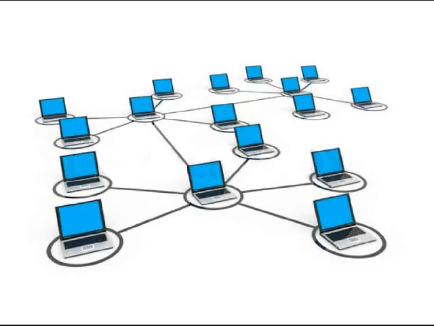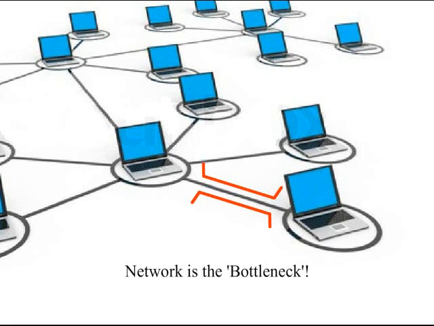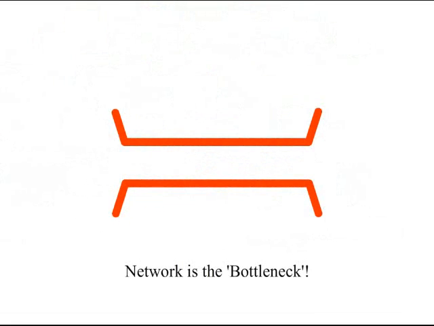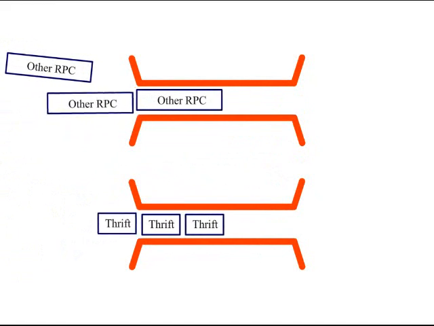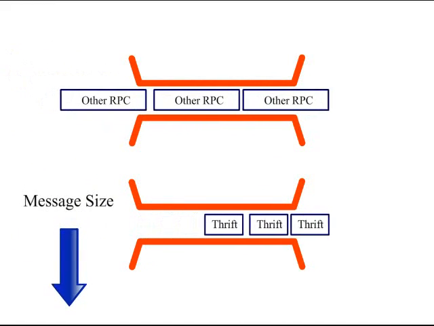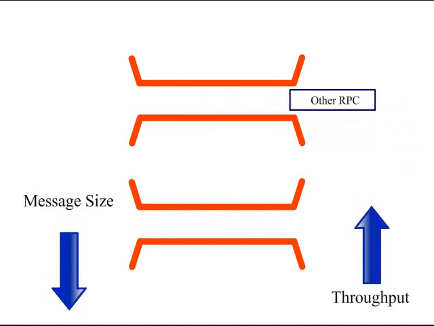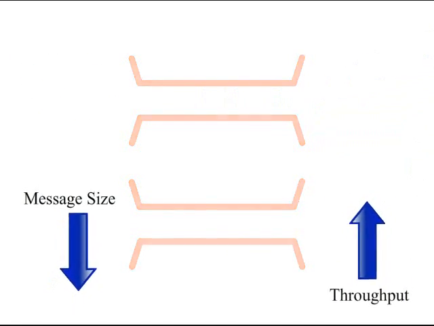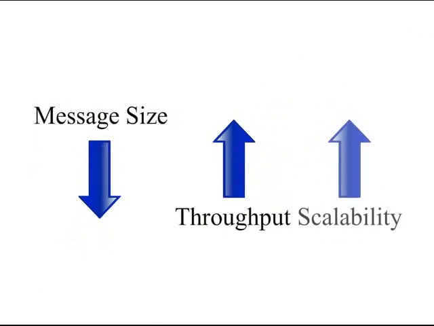Apache Thrift uses a binary message format to marshal data used by remote method invocations. It uses a smaller message size and consumes less CPU process time compared to other RPC frameworks. This enables high throughput and reduced message overhead, resulting in an increase in scalability and stability.